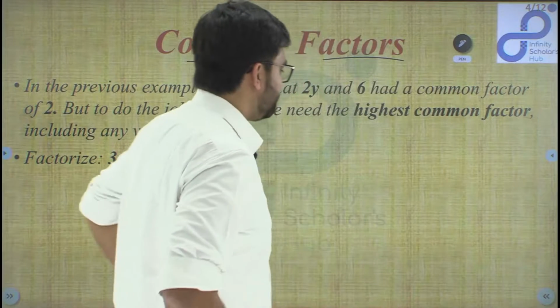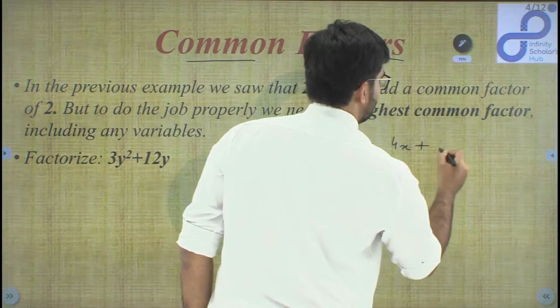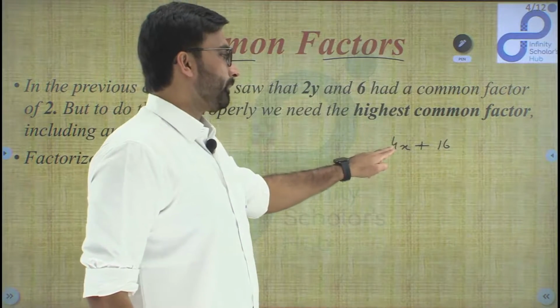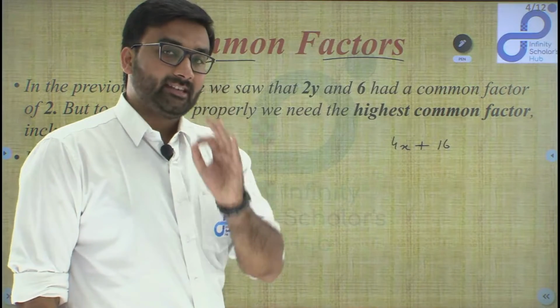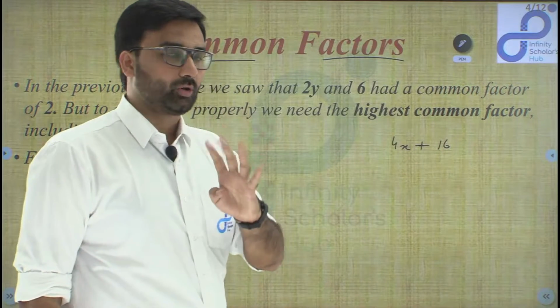For example, if I give you 4x plus 16, right? If you look properly, 2 is the common factor, right? But we have to find out the HCF. The HCF of both these terms is what? It is 4, right?